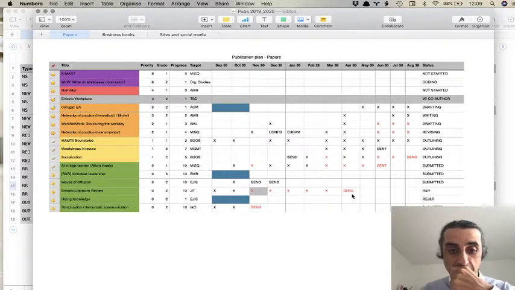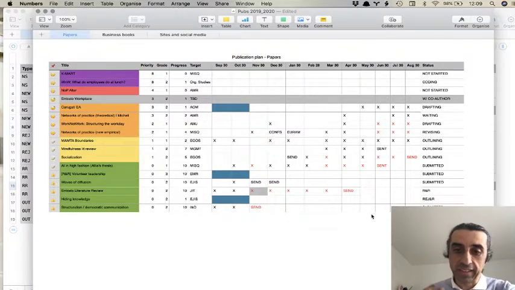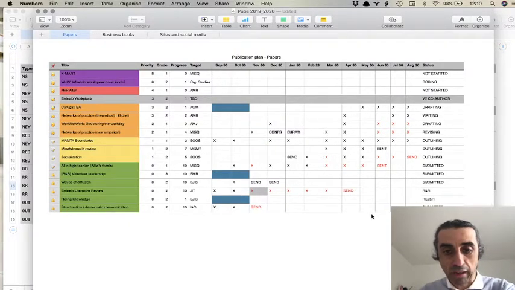This paper was half a year late. This paper was 1 month late, should be red, sorry, it isn't. This paper was 4 months late, and this 3 months late. Again, it just helps me keep track of my work and see what I have done.